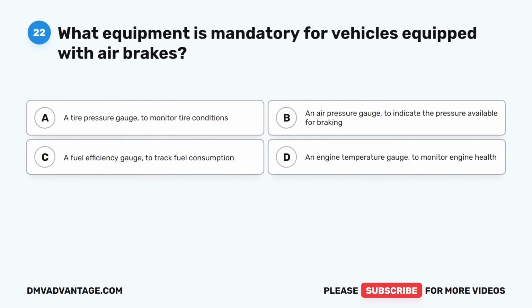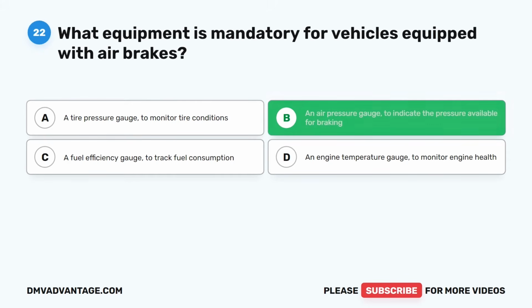Question 22. What equipment is mandatory for vehicles equipped with air brakes? A. A tire pressure gauge to monitor tire conditions. B. An air pressure gauge to indicate the pressure available for braking. C. A fuel efficiency gauge to track fuel consumption. D. An engine temperature gauge to monitor engine health.